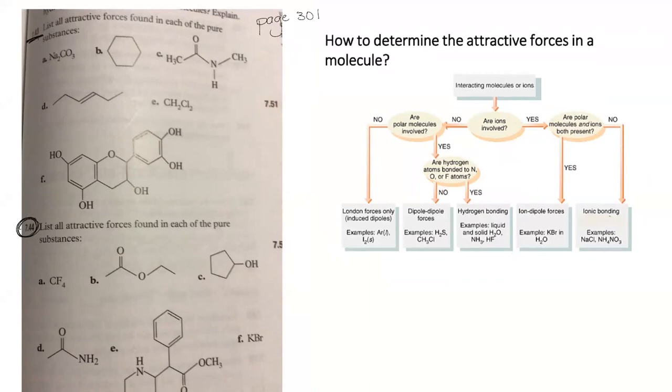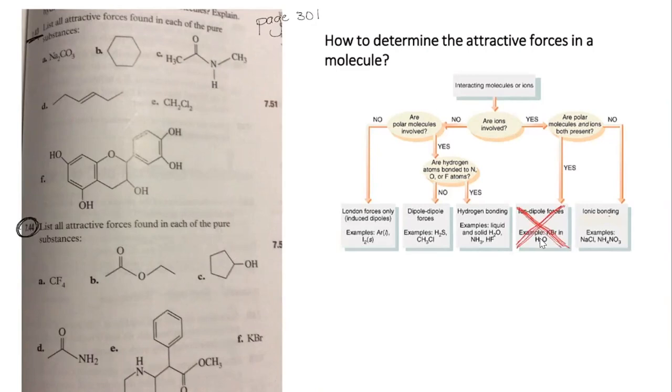So we're going to utilize this flow chart to understand the different attractive forces, okay? The only ones that are included here that we will not be addressing, so let me just cross them right now, is going to be the ion dipole ones. Those are the only ones that we're not going to talk about yet.